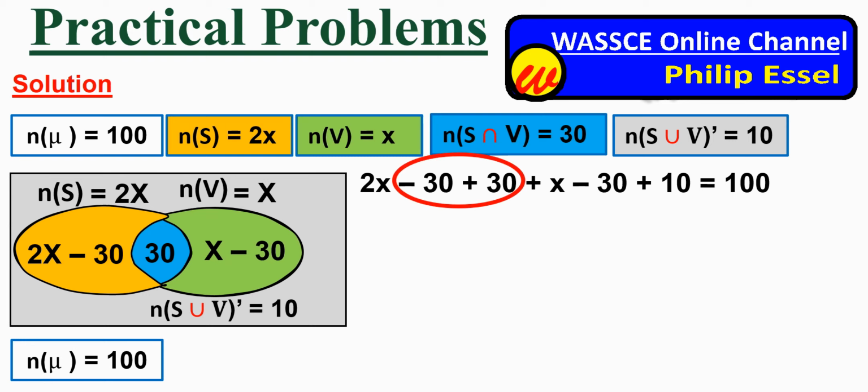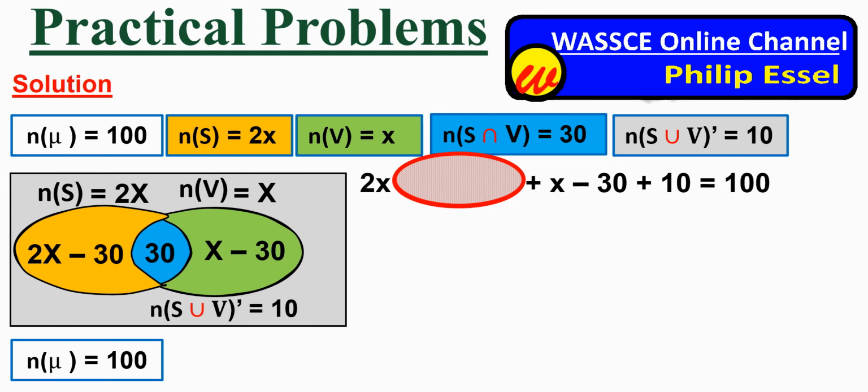So what we would do next is to group all the like terms in the equation. We have 2x plus x, which gives us 3x, and negative 30 plus 10 will give us negative 20.